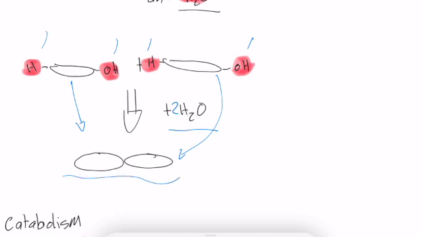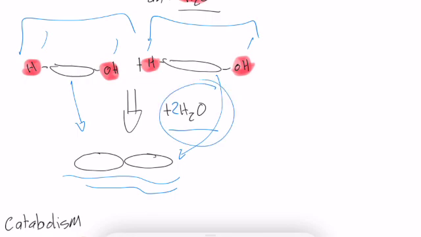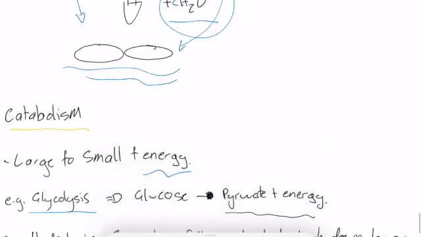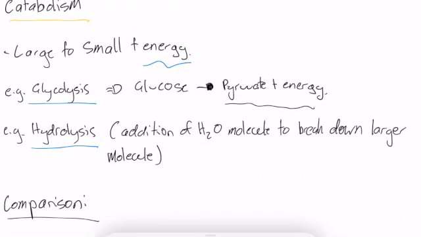This is an example of an anabolic reaction because we have these two simple molecules which bind together to form this one large complex molecule, giving a product of 2 water molecules as a consequence of having these additional hydrogen and oxygen atoms in the reaction.